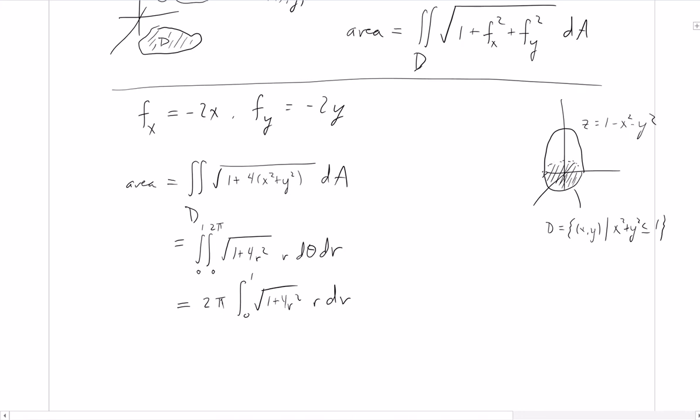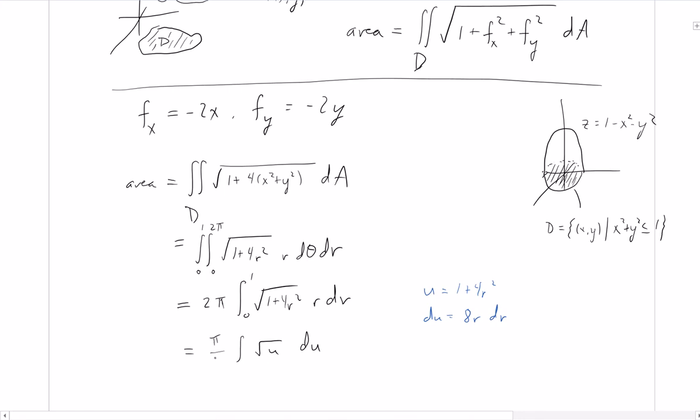And now to finish up, we'll want to do a substitution. U is 1 plus 4r squared. So du is 8r dr. So this just becomes square root of u, and we have r dr. So to make up for this extra 8, we divide by 8 on the outside to get du.